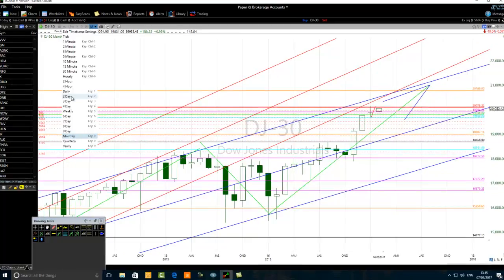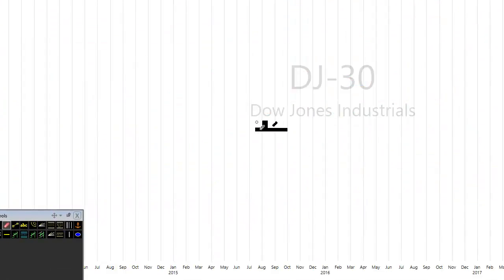You can see that short-term equilibrium price level will remain in place up to the end of February 2017, until we have a new short-term equilibrium price level. So right now, we don't want to forget the long-term equilibrium price level throughout 2017, 18987, and also the short-term equilibrium price level up to the end of February 2017.